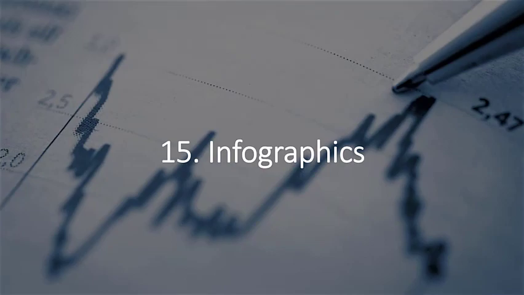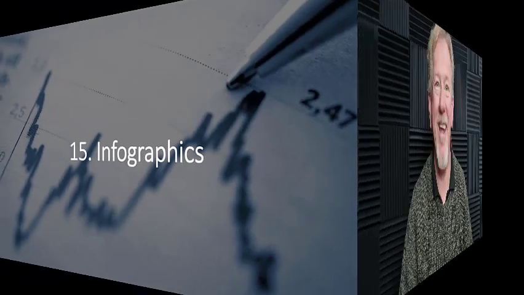Number 15, infographics. Now, infographics are not to be confused with viral images. Infographics are fantastic for websites and any online content that you might have. It could be for your video course or video products, or images used in your PowerPoint presentations, whatever your infographics happen to be about.